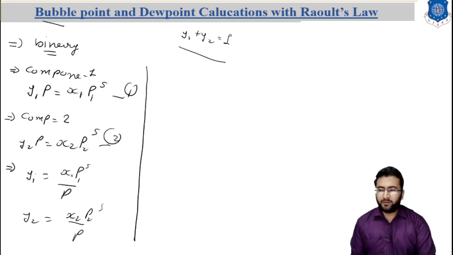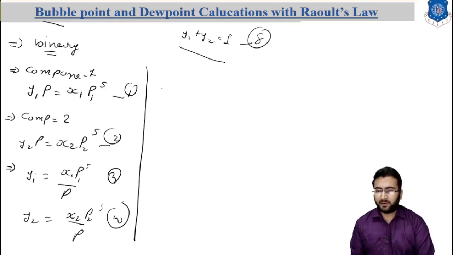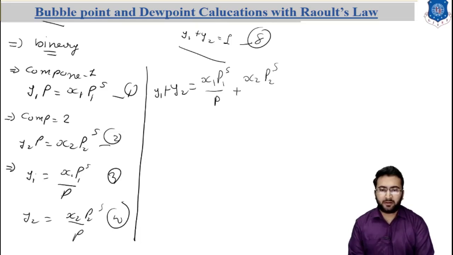Now using this value of y1 and y2 in equation number 5, we will get y1 plus y2 is equal to x1 P1 saturated upon P plus x2 P2 saturated upon P is equal to 1.